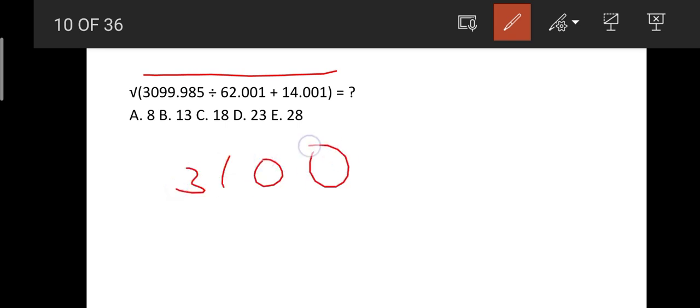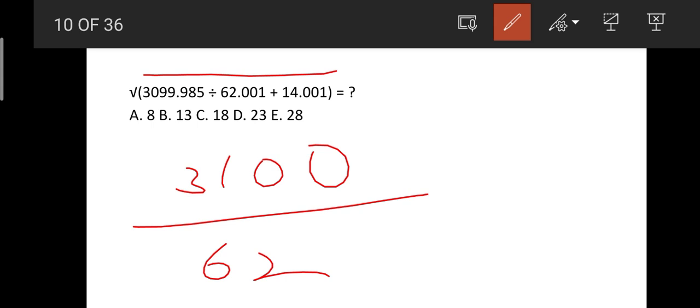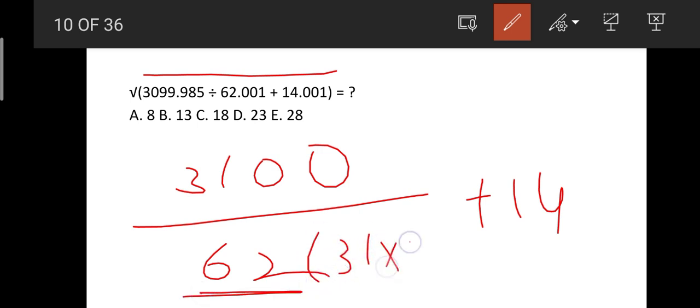See friends, here it is complete square. Okay, 3099, we can take it as 3100 divided by 62, and then plus 14. Okay, if you have observed here 62, we can write it as 31 into 2.